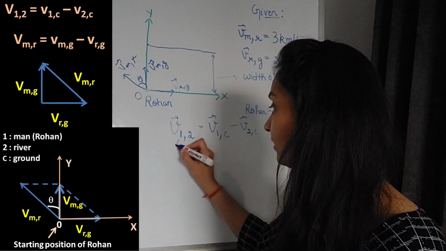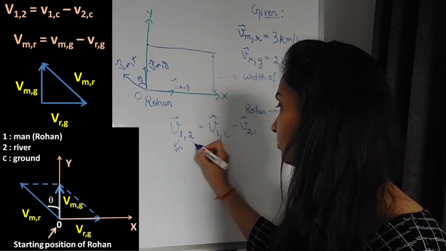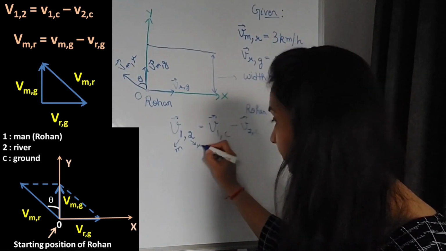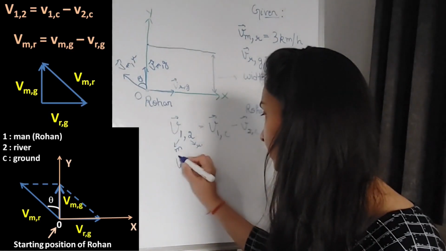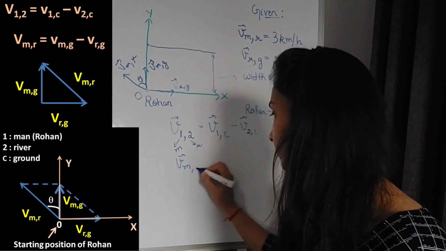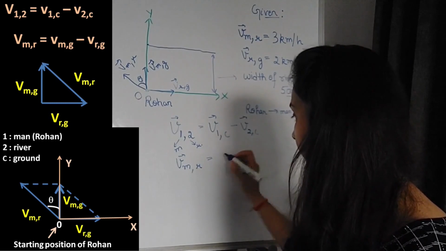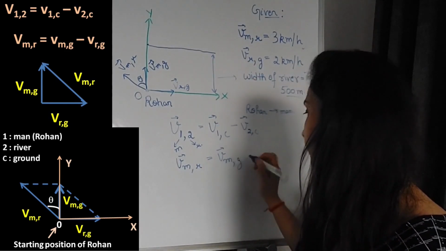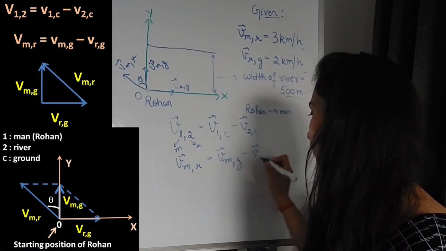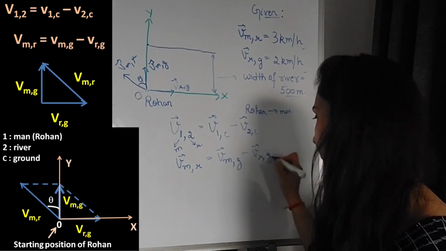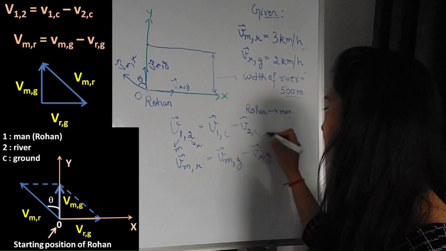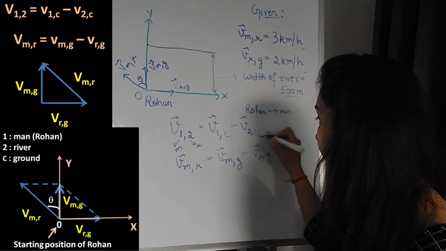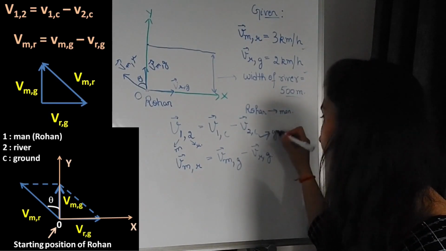So if this one is man and this two is river, velocity of man with respect to river will be equal to velocity of man with respect to ground minus velocity of river with respect to ground. And this common frame of reference is the ground.